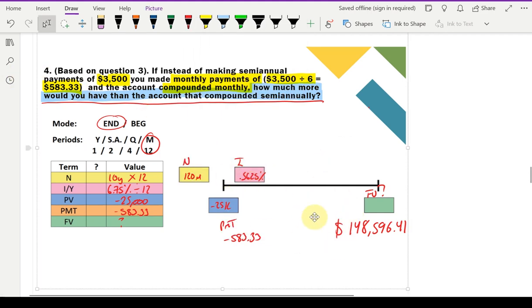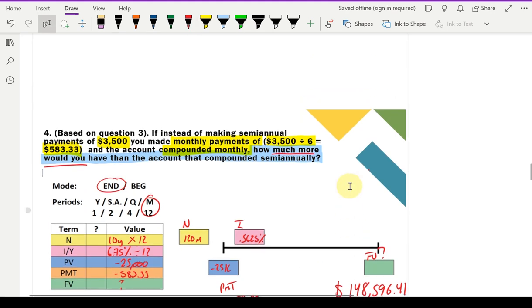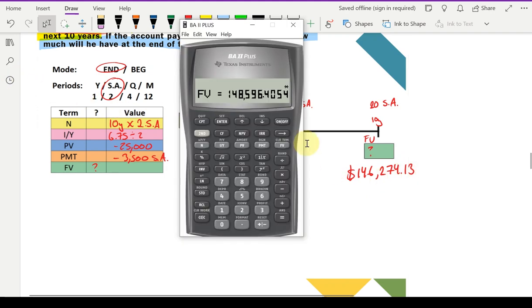But the question specifically asks how much more we would have if we use monthly. The semi-annual amount was 146,274.13, so we're going to subtract that.